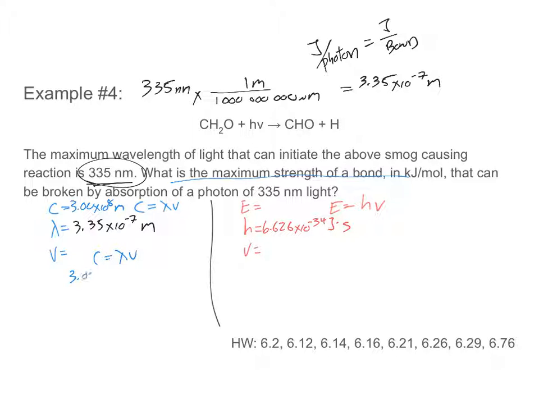The 3.00 times 10 to the 8 meters per second equals 3.35 times 10 to the minus 7 meters times frequency. Solving for frequency here gives me a value of 8.96 times 10 to the 14 hertz, which I'm going to plug over here: 8.96 times 10 to the 14 hertz.